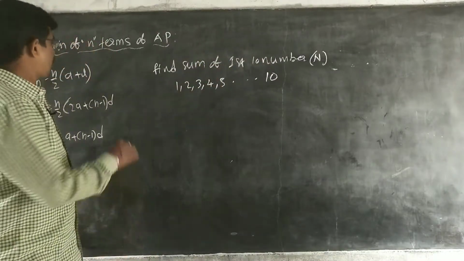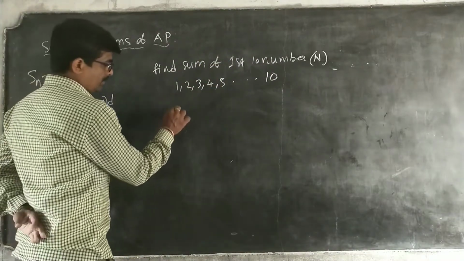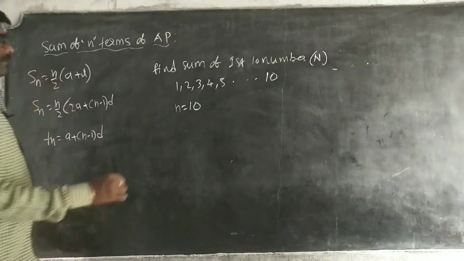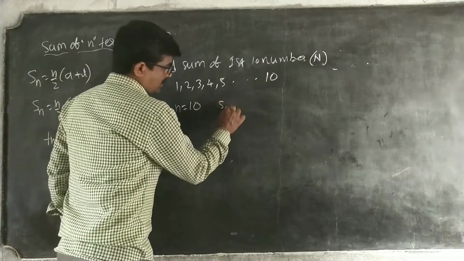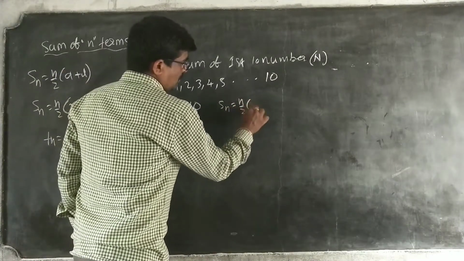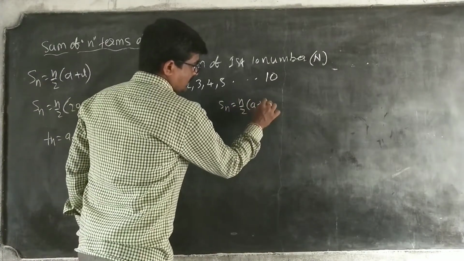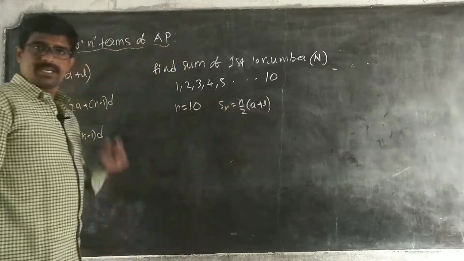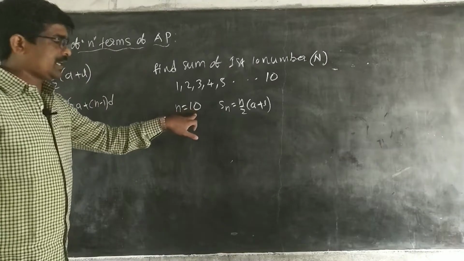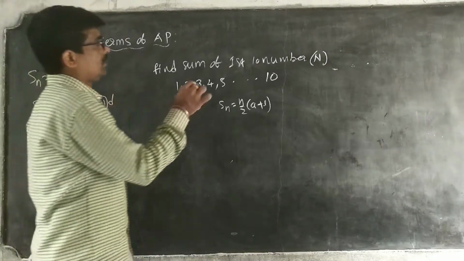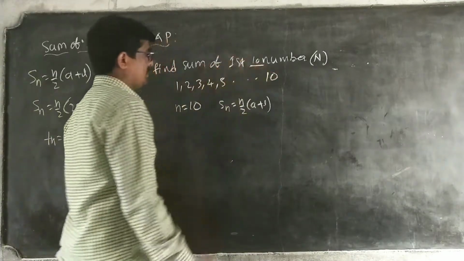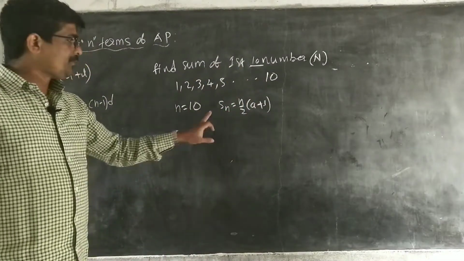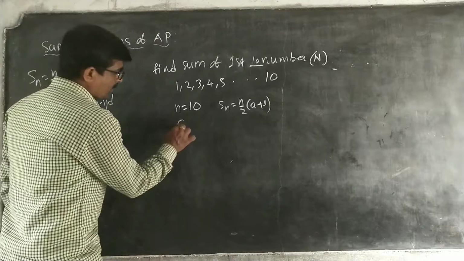So first I am taking the first 10 natural numbers. That means n is equal to 10. Now applying this principle, Sn is equal to n by 2 into a plus L. Observe here, n is equal to 10. First 10 natural numbers is asked. These are only natural numbers. Next, A, the first term, is 1.